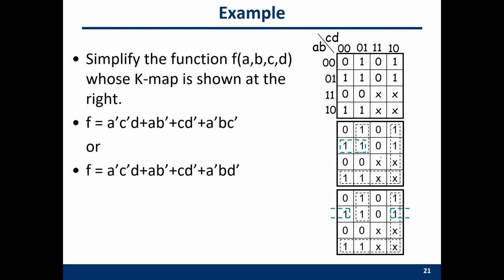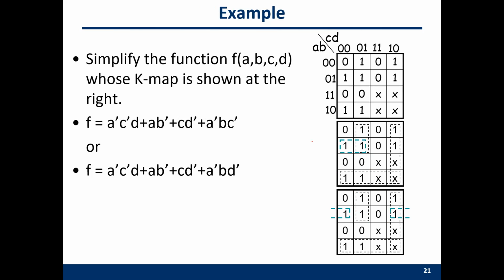Then we have this result. We can also group these two together as one group. They should have the same complexity, because no matter whether you group these two together or these two together, we have four groups here.